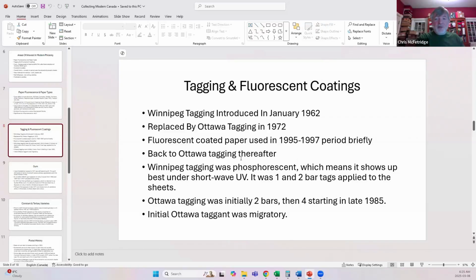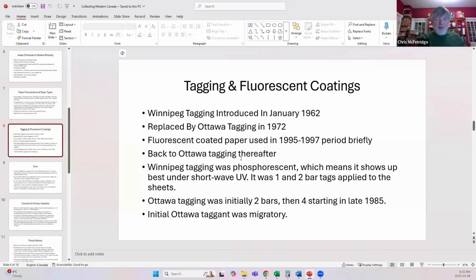Very similar to England, where you had your tagging on the sides and in the middle for the main rate stamps, and then you would have just a single band at the side or through the center of the stamp if it was an off rate stamp like a second or third class rate. And initially the Ottawa tagging was 2 bars down the side, but then starting in late 1985, it went to 4 bands all the way around the stamp design.